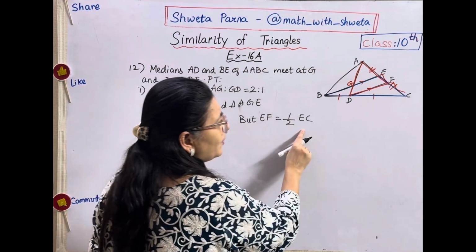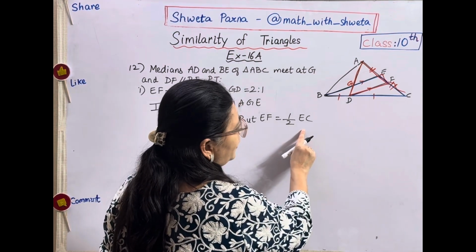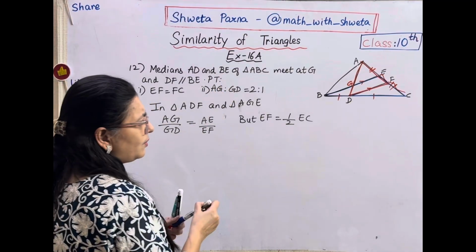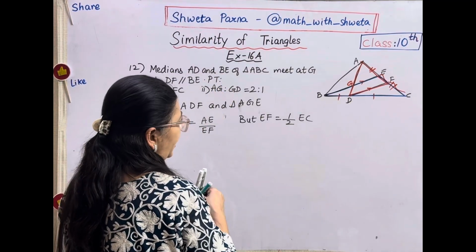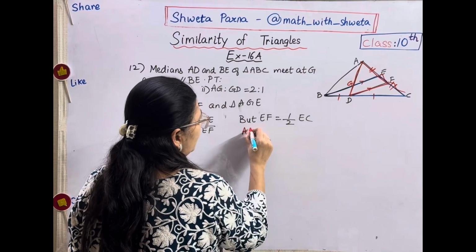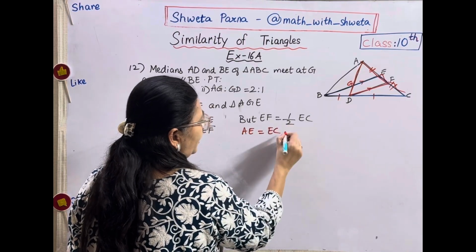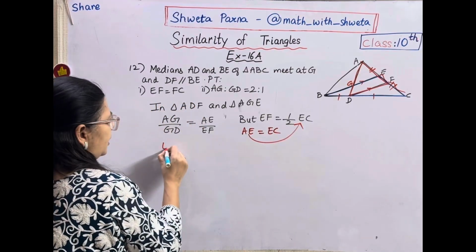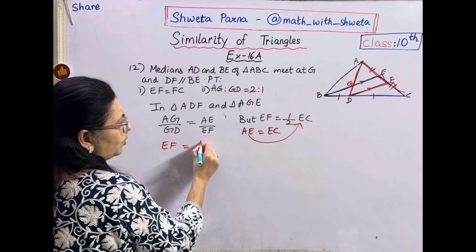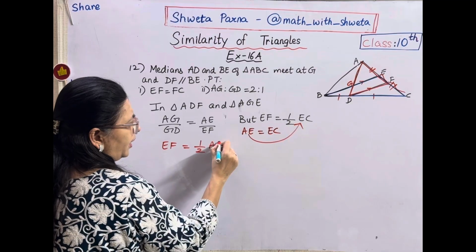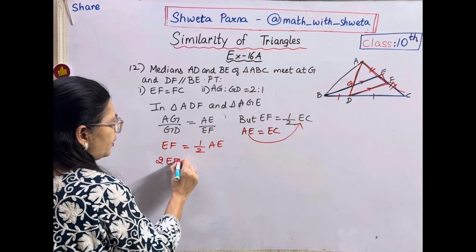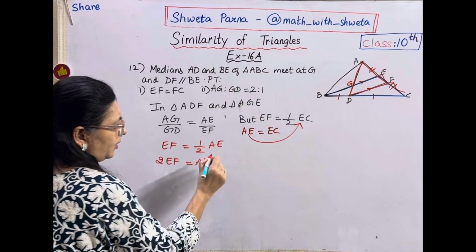But in the question it is given that BE is a median. That means AE is equal to EC. If you use this over here, you will get EF is equal to half AE. Cross multiply: 2EF is equal to AE.